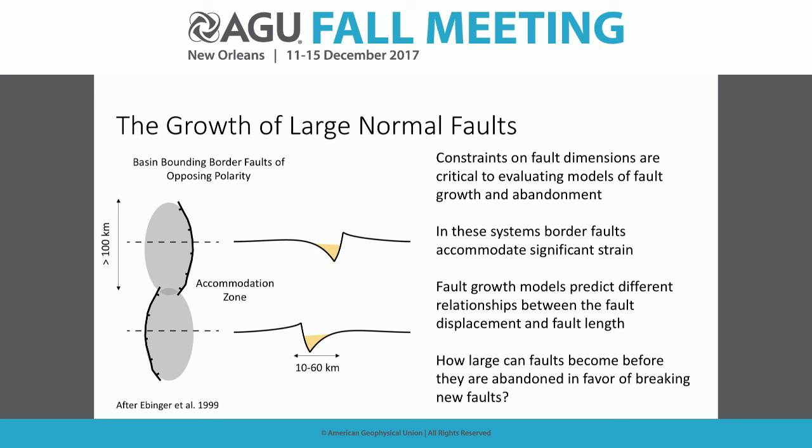We know that these faults accommodate a significant amount of extension, especially in the earliest stages of rifting, but competing models for normal fault growth have different relationships between parameters like displacement and length, and very few data points exist for faults of such great length like here in the Malawi Rift. It's important to understand the relationships and geometric scale of these faults, because this has important implications for both seismic hazard as well as the mechanics of how continents rift apart.